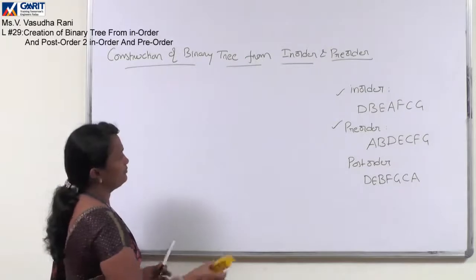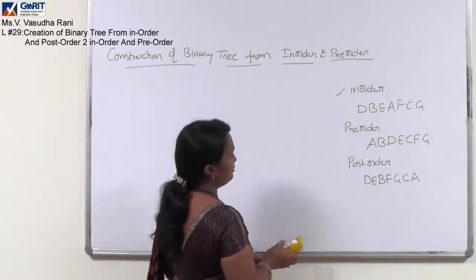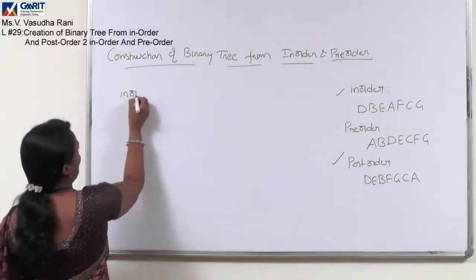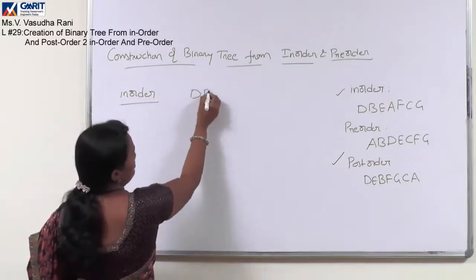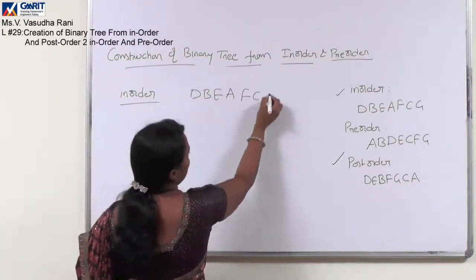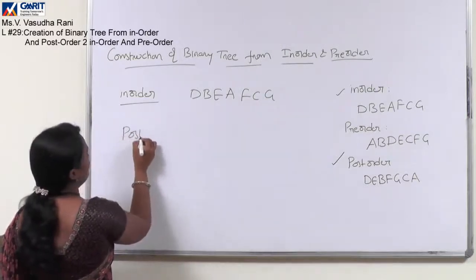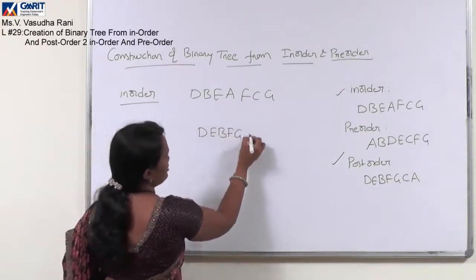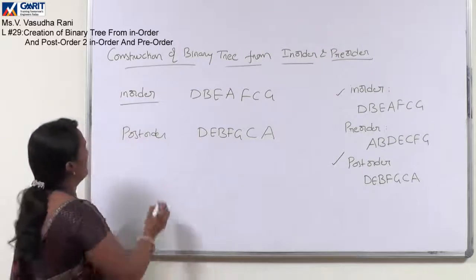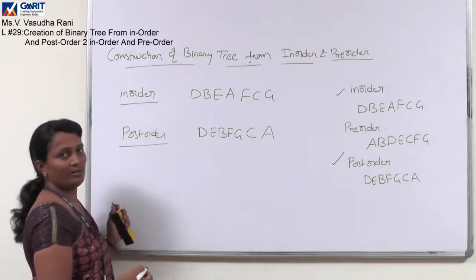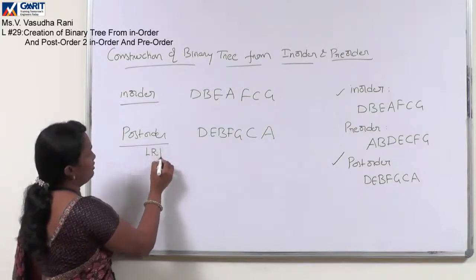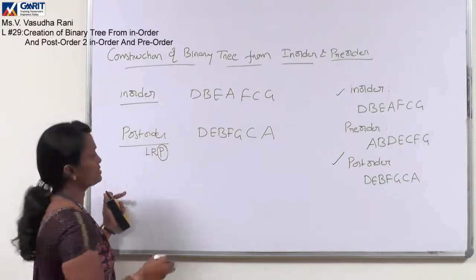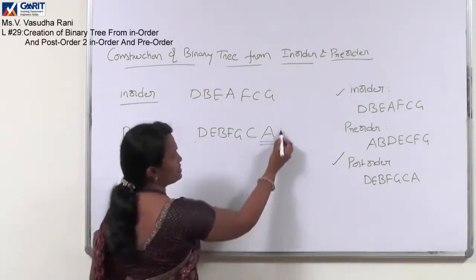Let us now consider the two traversal sequences in-order and post-order. Taking in-order, it is D, B, E, A, F, C, G, and post-order it is D, E, B, F, G, C, A. From the post-order, we can observe that it follows the strategy left, right and parent. So the parent node will be the last node to get processed. In this sequence, the last node processed is A.